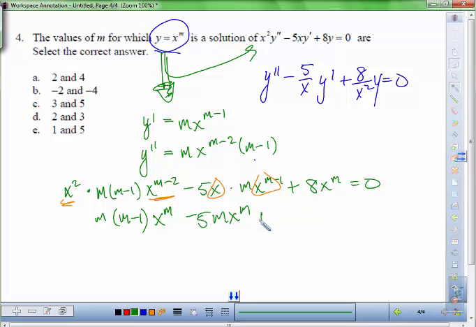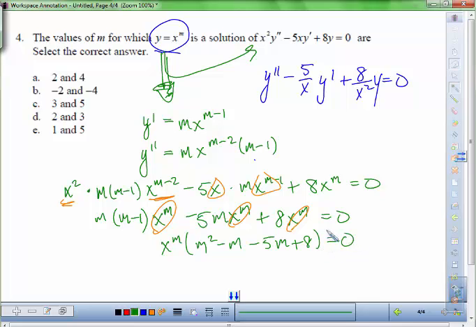And then the last one already has power x to the m. So, any suggestions on what to do? So I'd factor that out. Then I have m squared minus m minus 5m plus 8 is equal to 0.